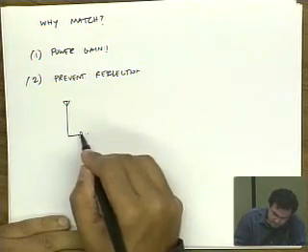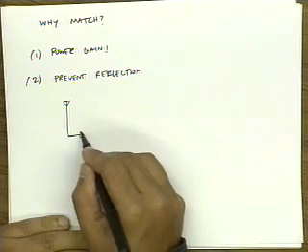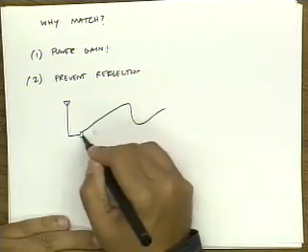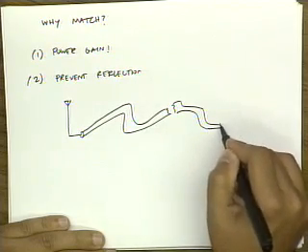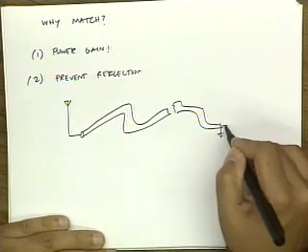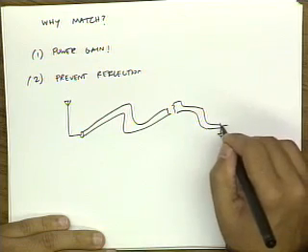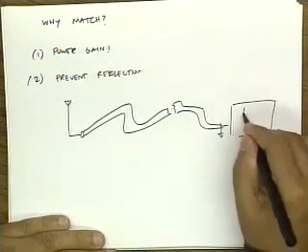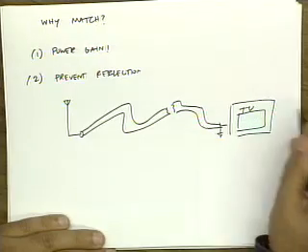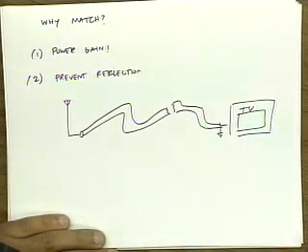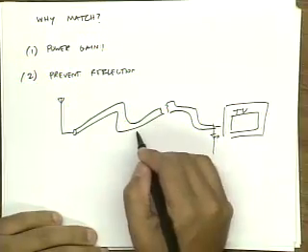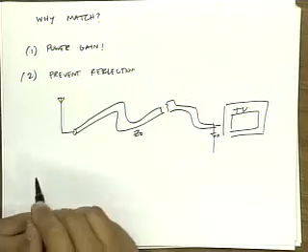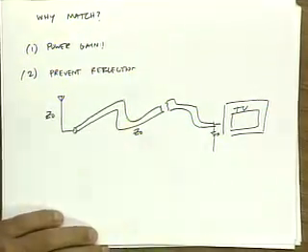Let's say you have an antenna on the roof of your house, and you have this long cable that comes into your house and goes into your TV. Let's say this is plugged into your television, and you're watching a sports game. Let's assume this cable is Z0, and the antenna impedance is also Z0.